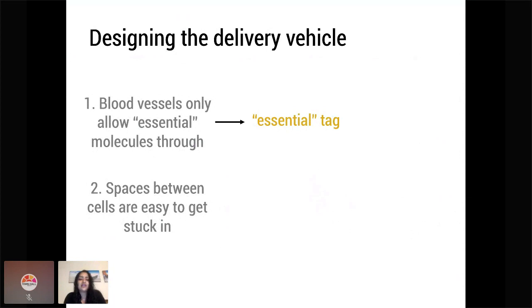And the second challenge, the fact that spaces between cells are really easy to get stuck in. What if we coat our delivery vehicle with an anti-stick coating and make it so that the delivery vehicle won't get trapped in the maze and instead would be able to stay inside and travel further?